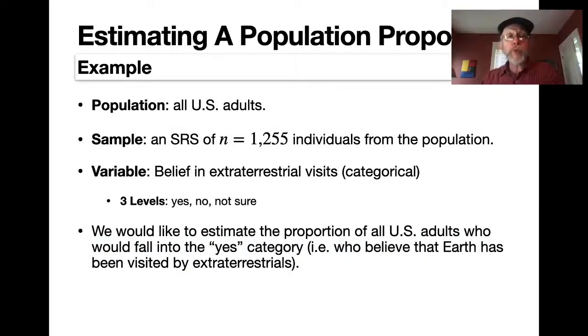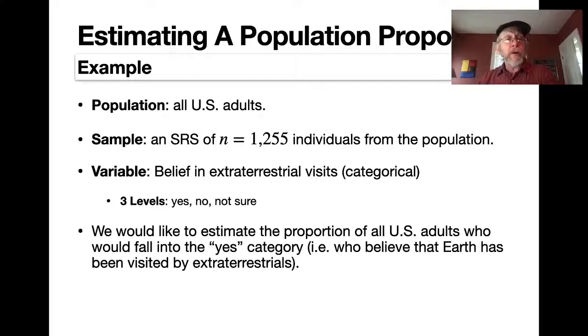So it's useful to go back and see where we are in the big scheme of things in terms of basic statistical concepts like population, parameters, sample, and so on. Our population here is the population of all U.S. adults. We're interested in finding out what proportion of all U.S. adults believe that ET has visited in the past.